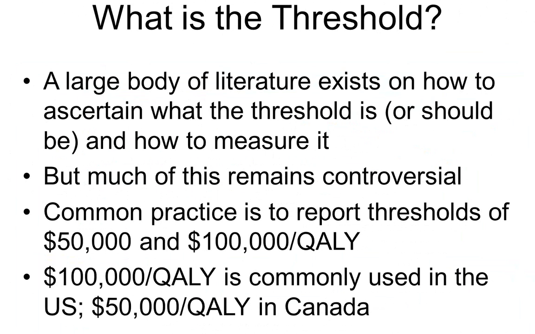And again, without going into a lot of detail, common practice is to report thresholds of 50,000 or 100,000, or to report both thresholds. There was an opinion piece in the New England Journal of Medicine a year or two ago, which suggested that the threshold for the United States should now be $100,000 per quality. In Canada, we often still use $50,000 per quality.